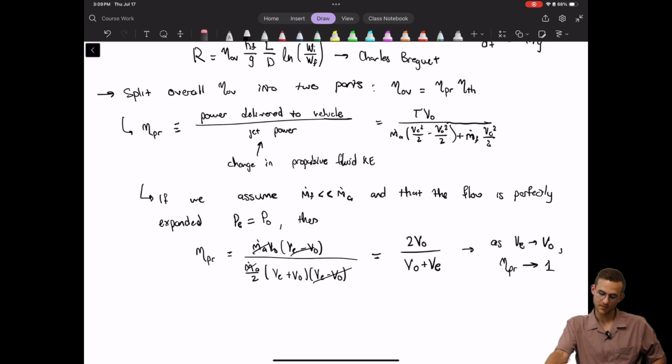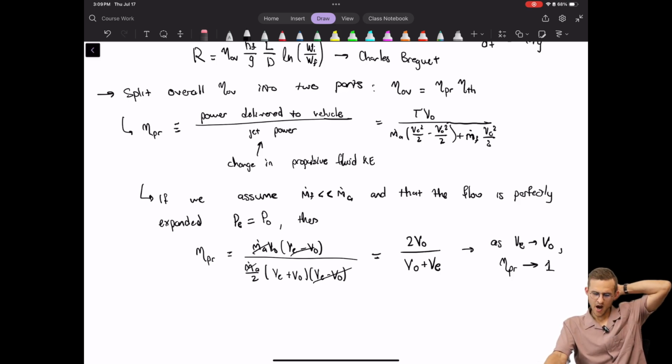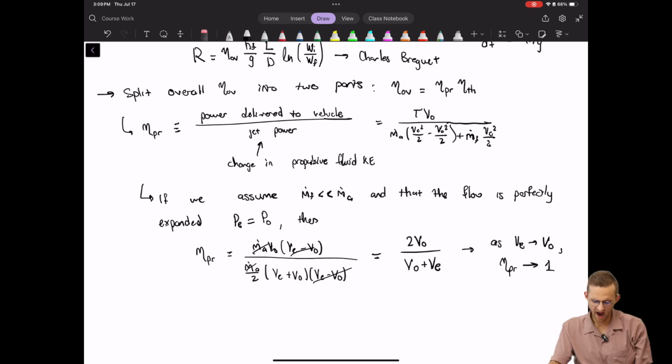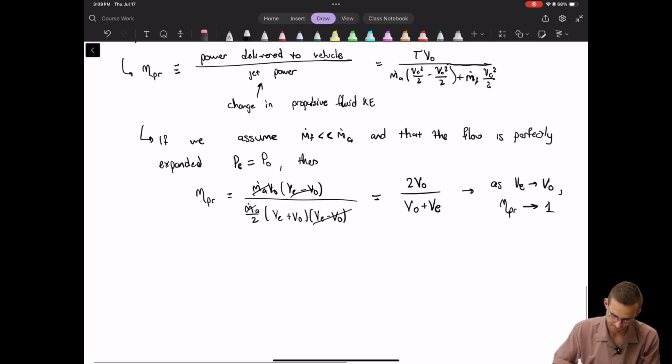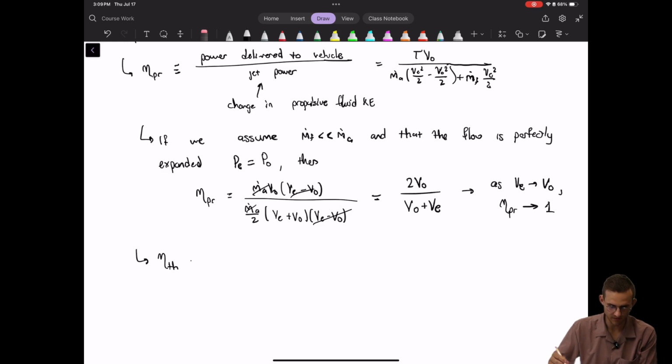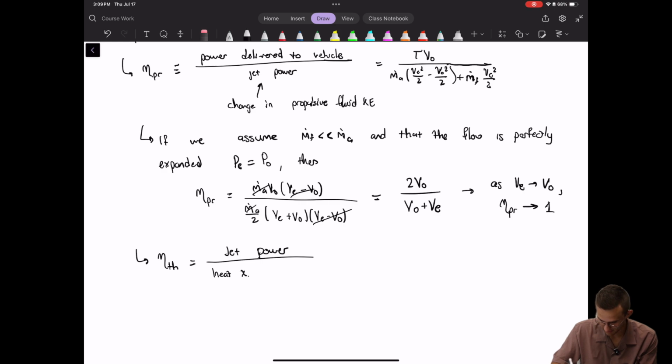Okay? In this case, for the thermal efficiency, we have jet power on the top now, divided by heat added via combustion. Heat transfer due to combustion, which is the same denominator as before.